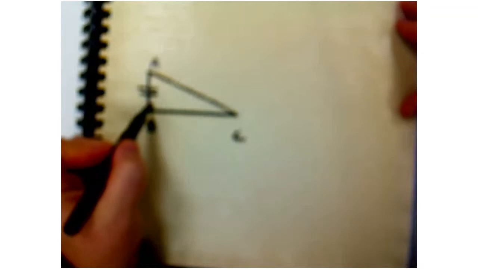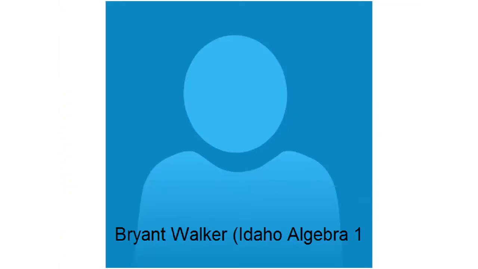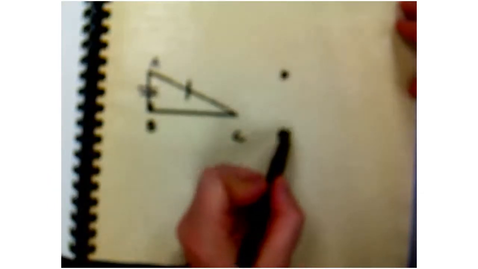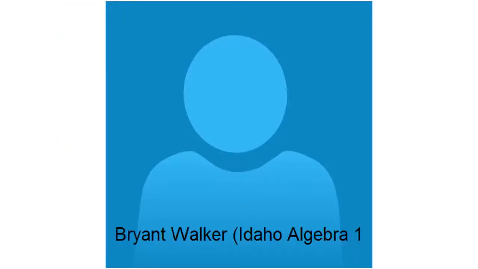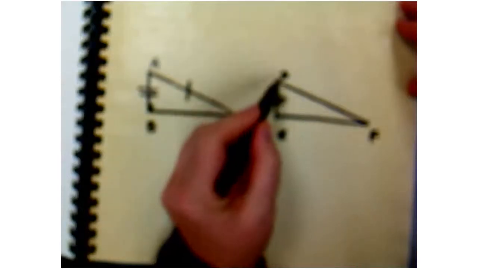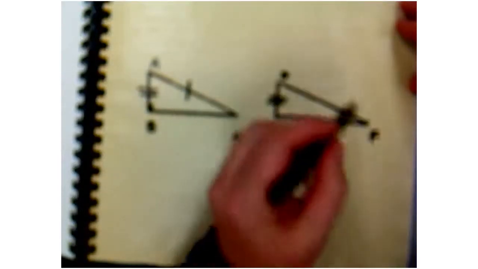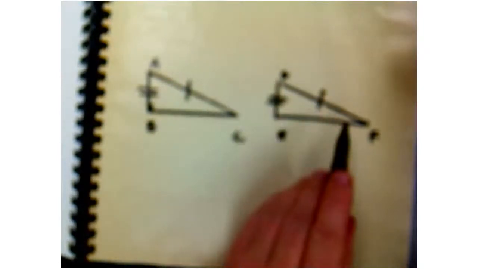At B, there is a right angle indicator, and our hypotenuse has one tick mark. And then D, E, and F, they have two tick marks from D to E, and one tick mark from D to F. So we just have to have a leg and a leg and a hypotenuse and a hypotenuse, and we get to use the hypotenuse leg postulate to prove congruency.